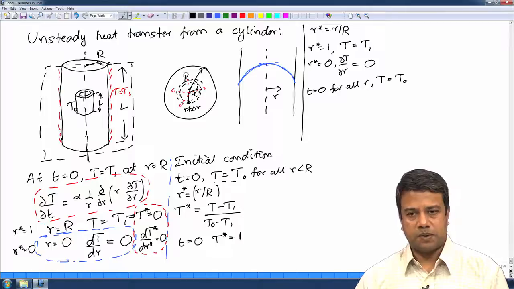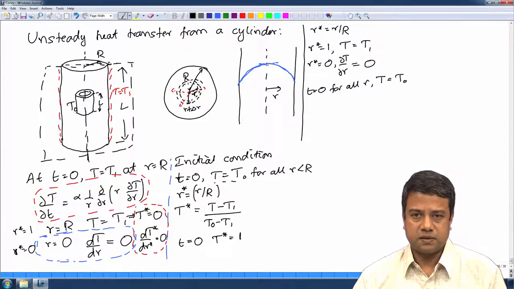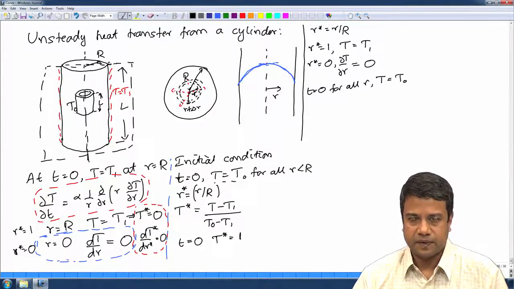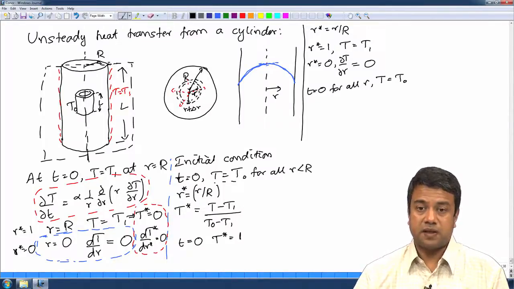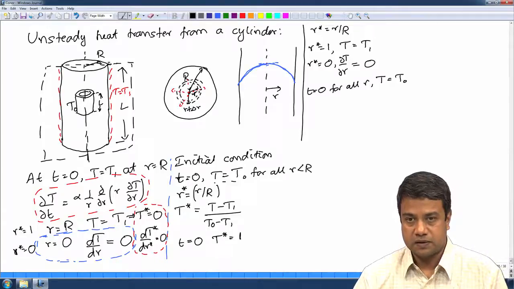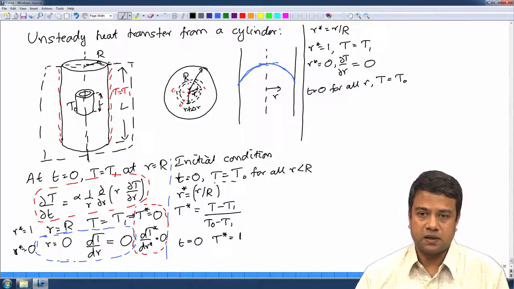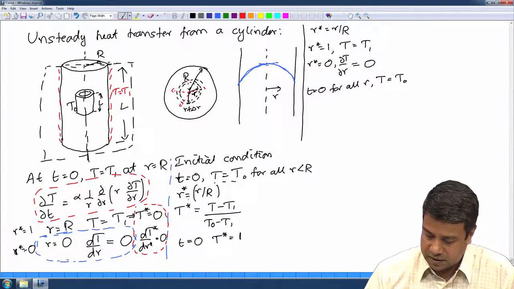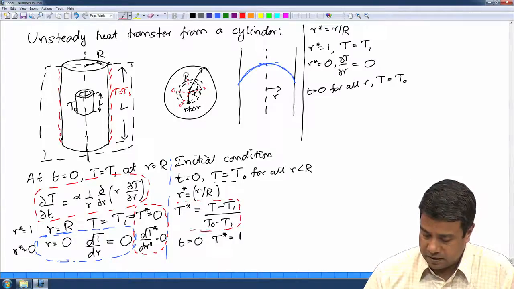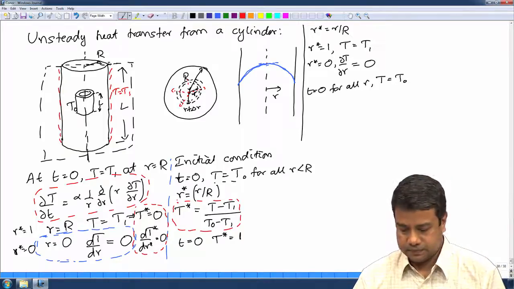So, in the long time limit, the temperature of the entire cylinder should be equal to T1. So, it is preferable to define a departure from that T1 as the scale temperature, the departure from the temperature T1. Therefore, we had defined T star is equal to (T minus T1) by (T naught minus T1).